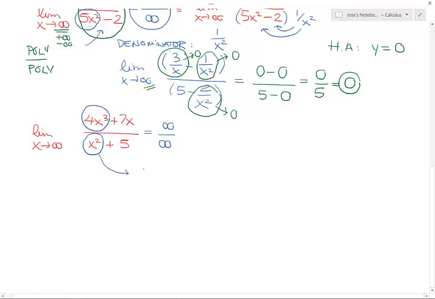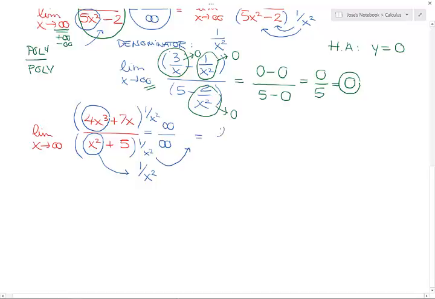Largest power of the denominator is x squared. Its reciprocal is 1 over x squared. I need to multiply top and bottom by 1 over x squared. Okay, so what am I going to get?